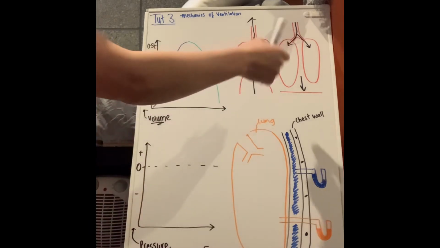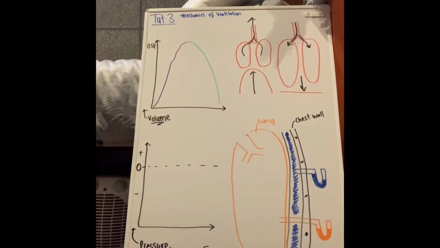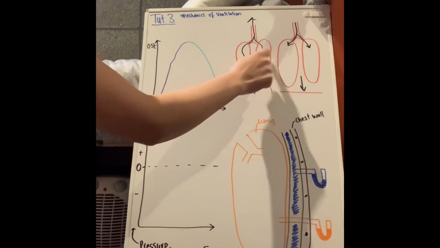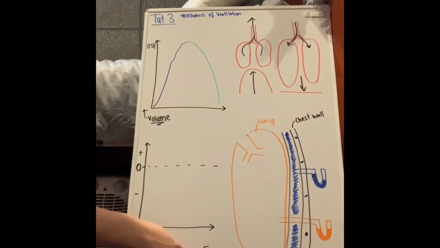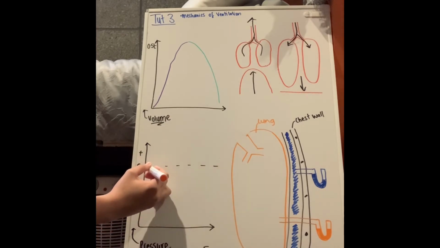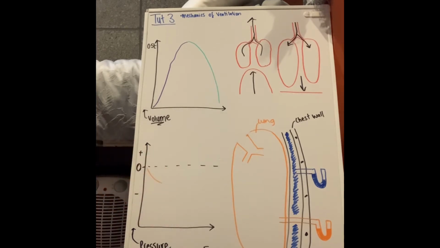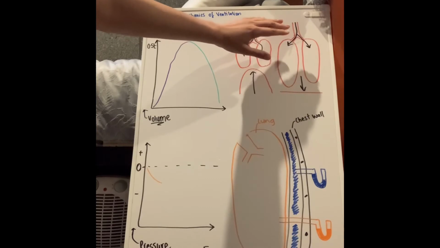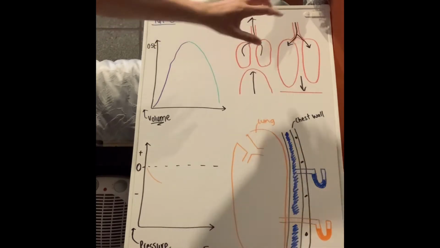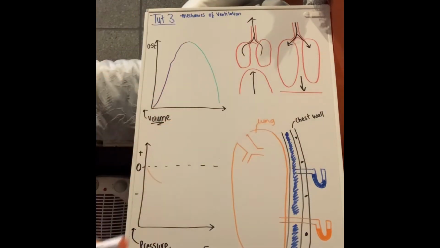Now, when you inhale, you increase the area in your lung, because you can see this lung is much bigger than this lung. So when you increase the area, you decrease the pressure. That's why when you breathe in, there's a decrease in pressure, because there is less of a force being exerted because there's more of an area.